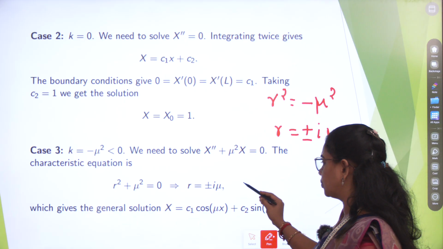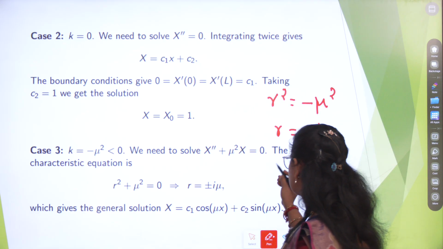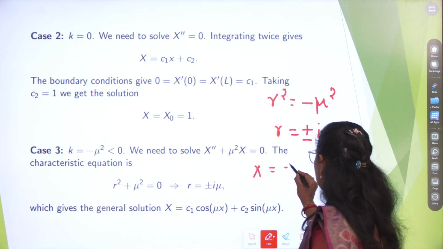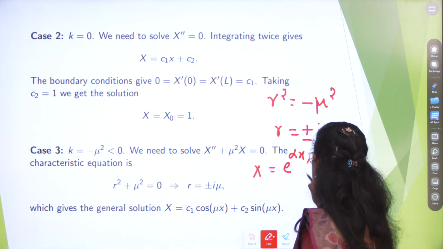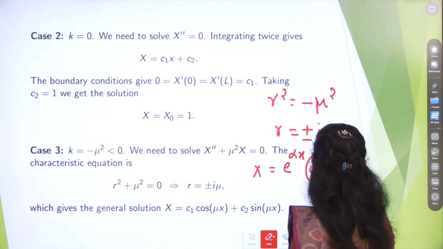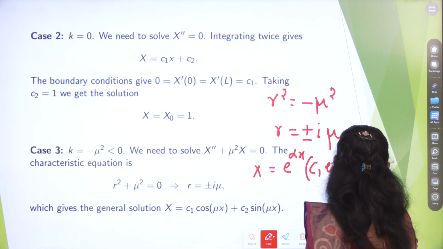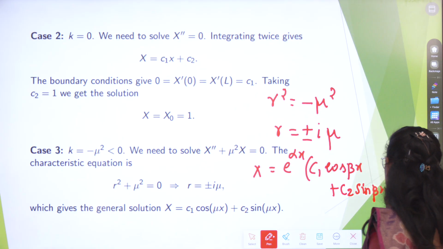For a complex root, the normal general form of the function is x equal to e power alpha x into c1 cos beta x plus c2 sin beta x.